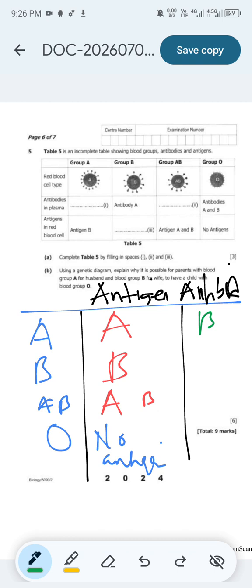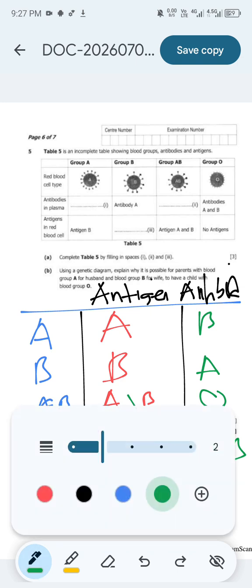So if the antigen is A, then immediately the antibodies are B. If it is antigen B, then it's A. If it is AB, where A and B are together, then here it's none. And then blood group O has both A and B antibodies. This is very, very simple.